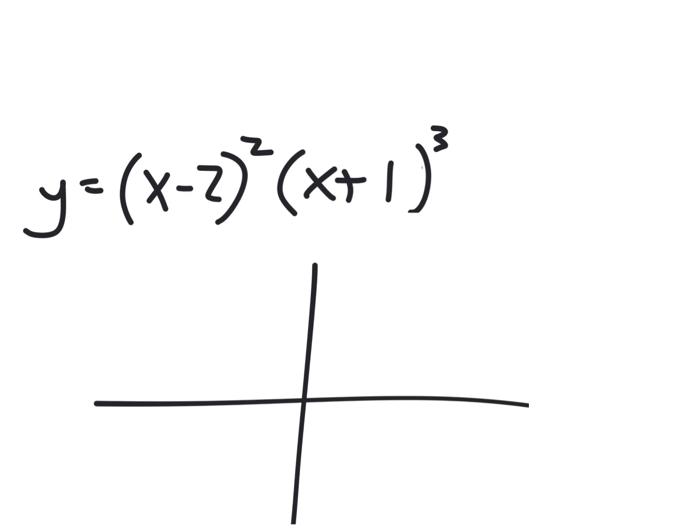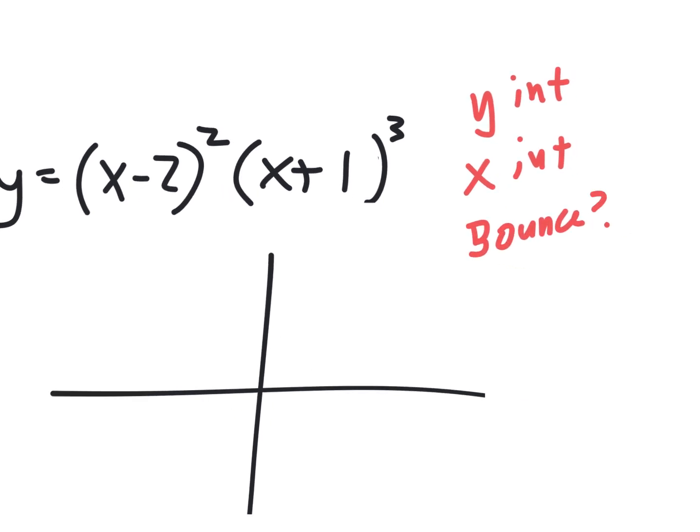Because you're gonna wanna find the y-intercept and put a dot there. You're gonna find the x-intercepts and put dots there. Then you're gonna remember where it bounces. And you're gonna remember that the right end is up because the lead number is positive.